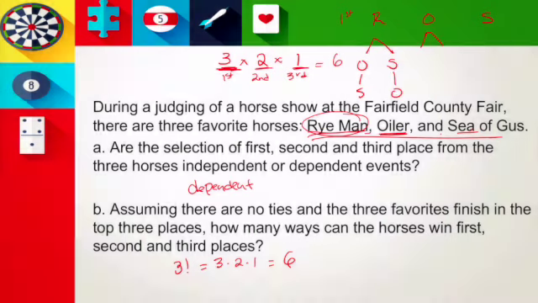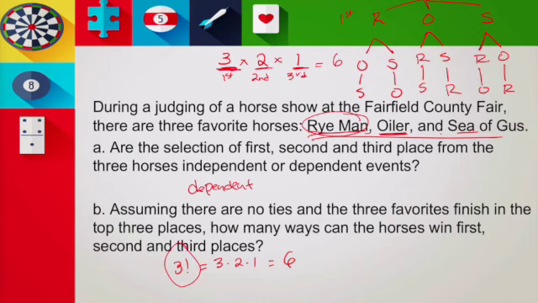If I pick Euler first, I can have Riemann or C of Gus, and again, only 1 option for third. And if C of Gus is first, then I could have Riemann or Euler, and then only 1 option for third. So you can do a tree diagram like this, that shows all 6 possibilities if you want to.